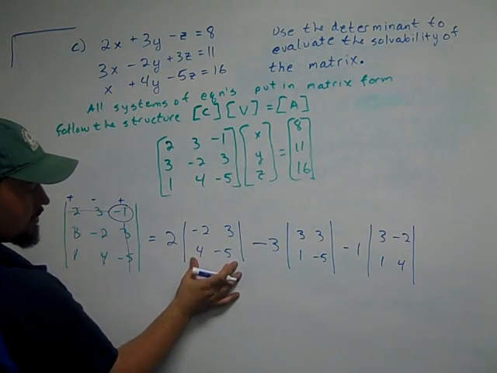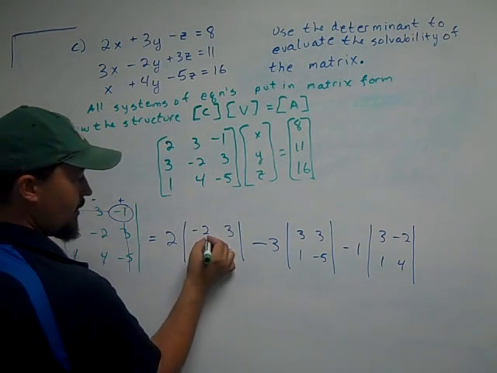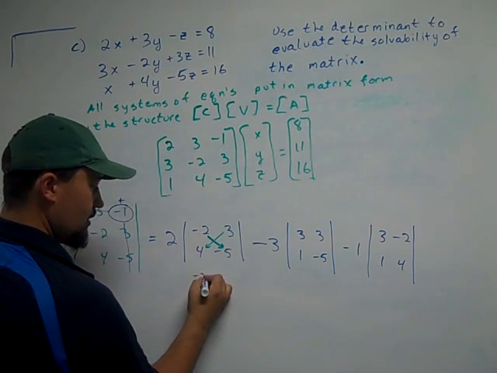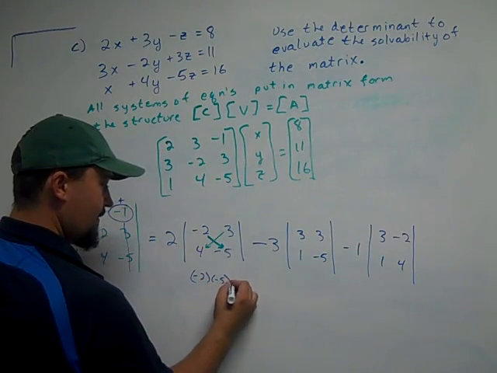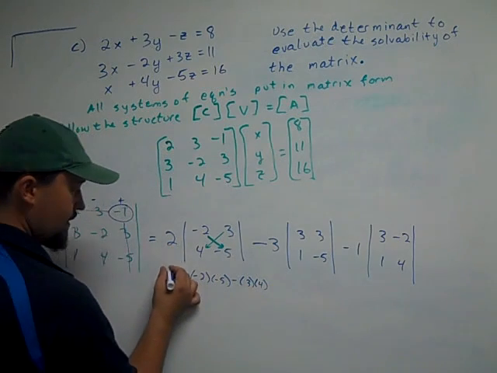Now, solving for the determinant, we're going to follow the structure AD minus BC. So -2 times -5 minus 3 times 4.